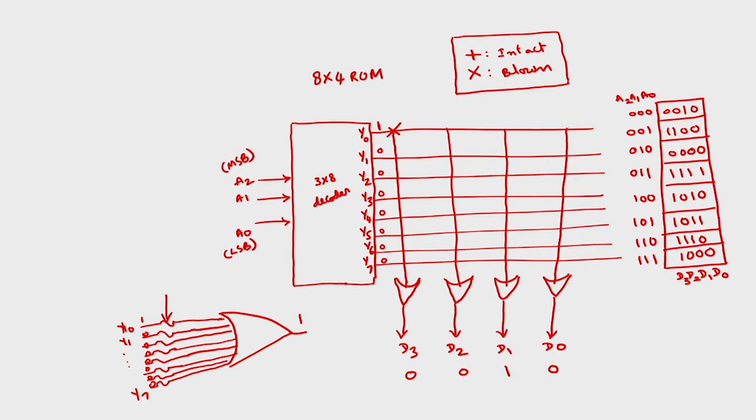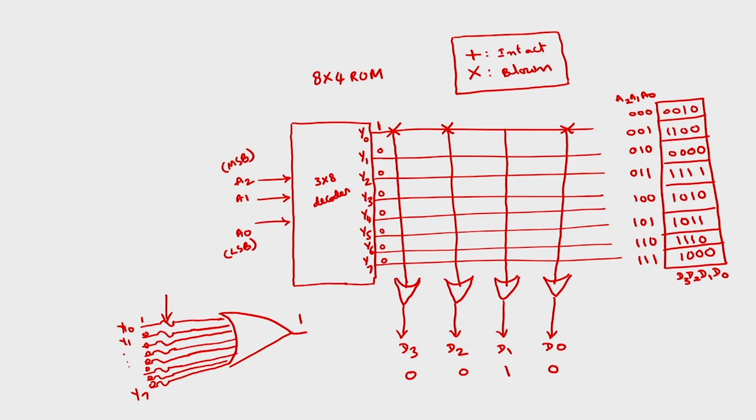Even if I keep them intact, that is not going to produce the output as 1. The input with 1 has to be broken. Okay, you have to break this. Similarly, D2 also I want 0, so you have to break this connection. And D1 I will keep as it is. D0 I have to break because I want 0. So whenever I use 0 0 0 here, the output data will be 0 0 1 0.